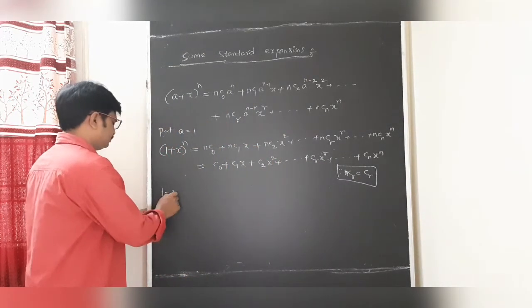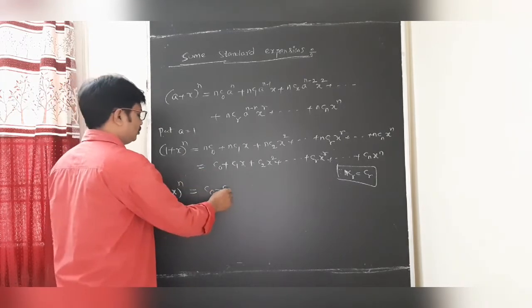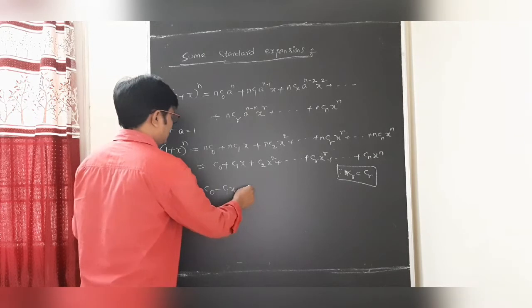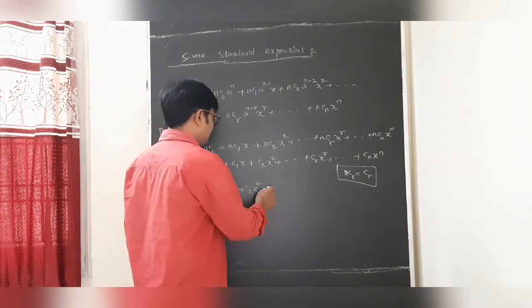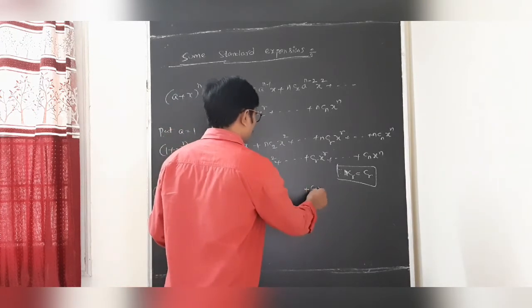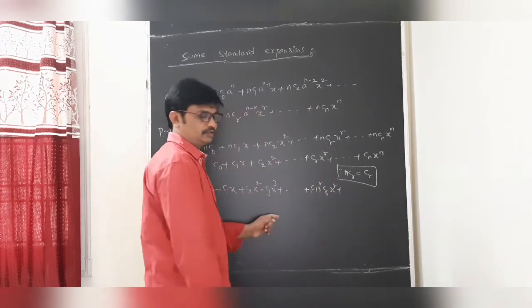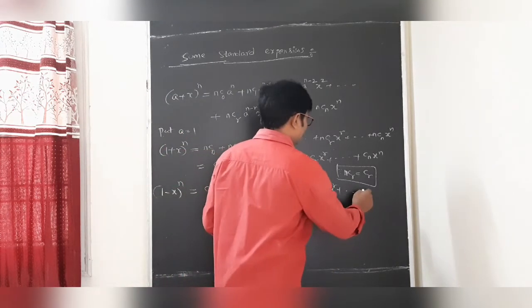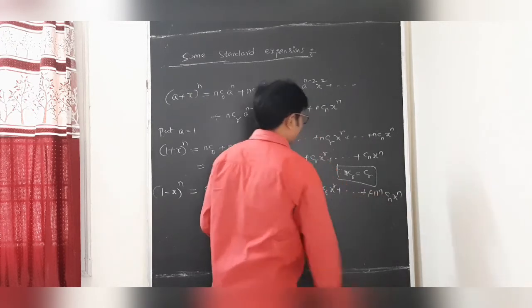Suppose, students, (1 minus x) whole power n, we write this as C0 minus C1x plus C2x square, after that minus C3x cube and so on, minus 1 power r CR x power r. Is it clear, students? And so on, minus 1 power n CN x power n.